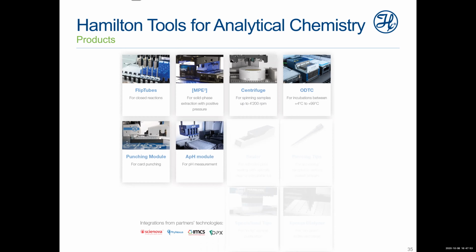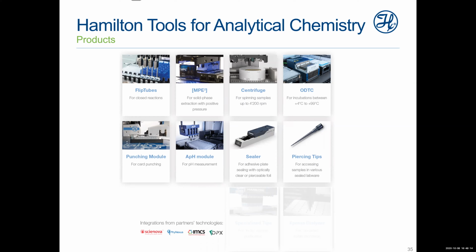The APH module for pH measurement. The sealer for adhesive plate sealing with optical, clear, or pierceable foil. We have some Hamilton specialized tips for accessing samples in various sealed labware.